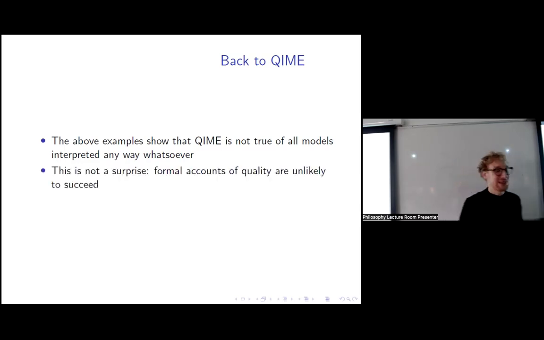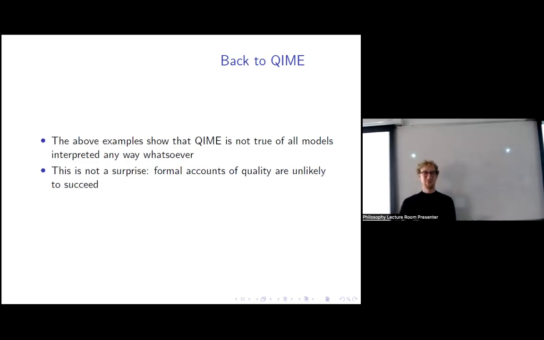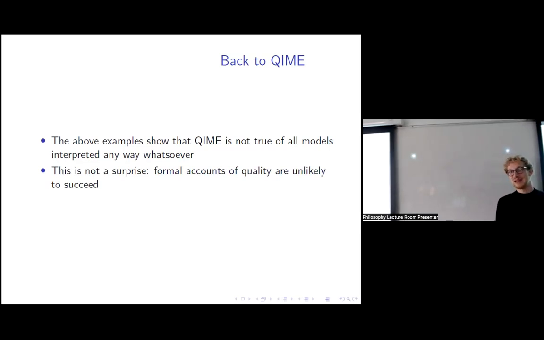And I also don't think that's a surprise. Because Quine links this formal property, isomorphism, with this metaphysically weighty distinction between qualitative and non-qualitative properties. I mentioned at the beginning that explicating quality in terms of linguistic features isn't going to work.